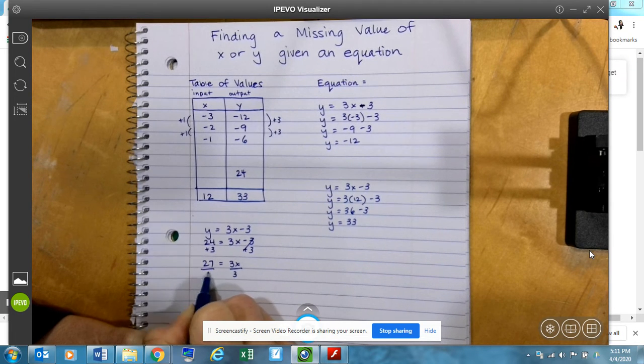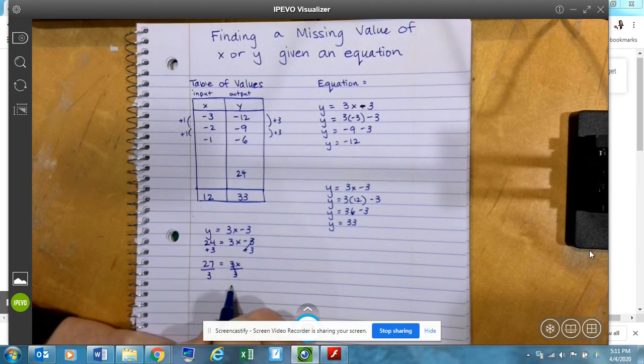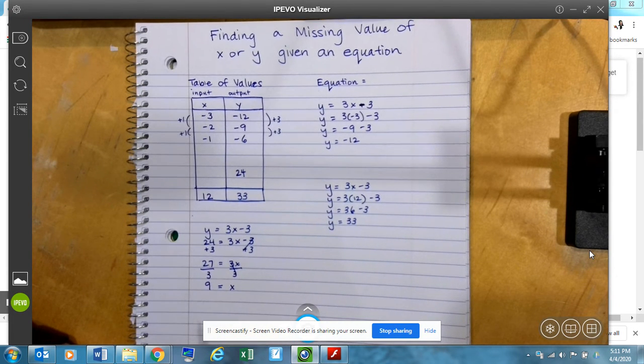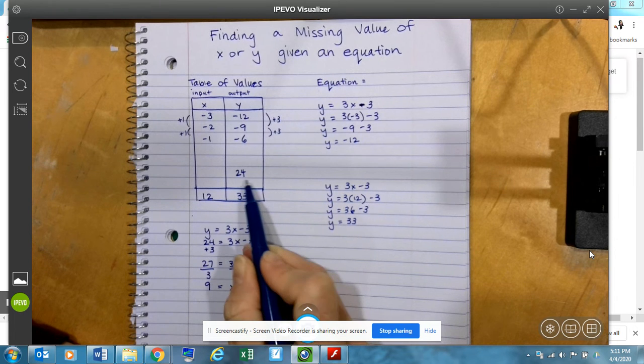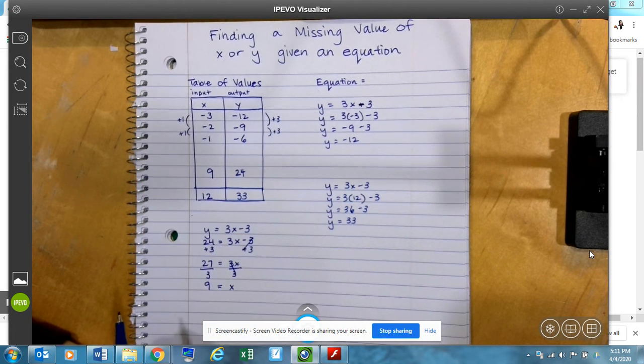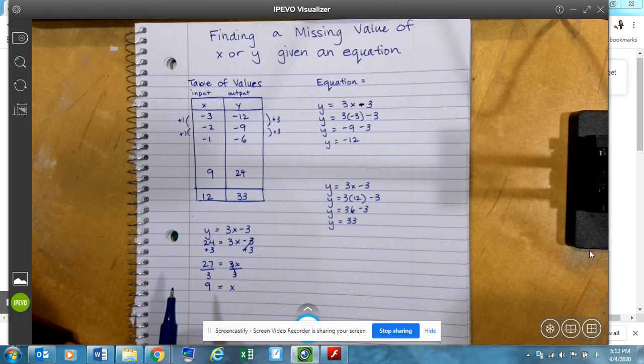We're going to divide each side by 3. This cancels. And we're going to get an answer of 9. So when the output is 24, the input, or the x value, is 9. So that's just one way for you to be able to figure out how to solve for an x or for a y if you're given the equation ahead of time.